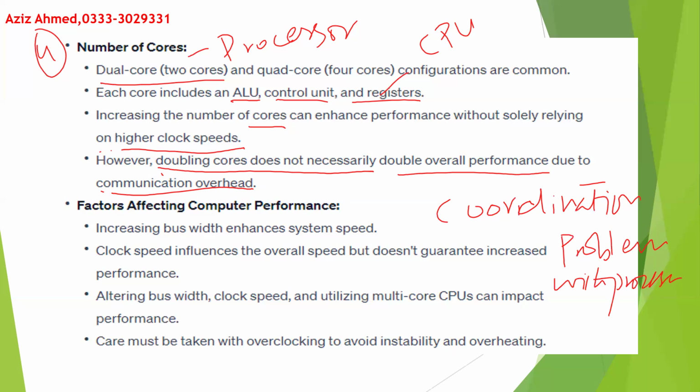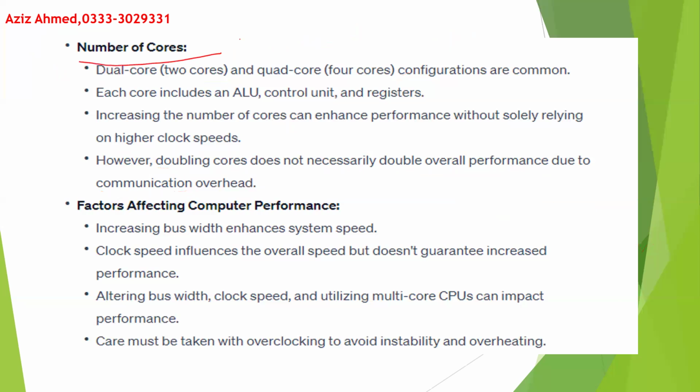You got this one? Core means processor, CPU. Your computer can have more than one processor. It can be dual core or it can be quad core.